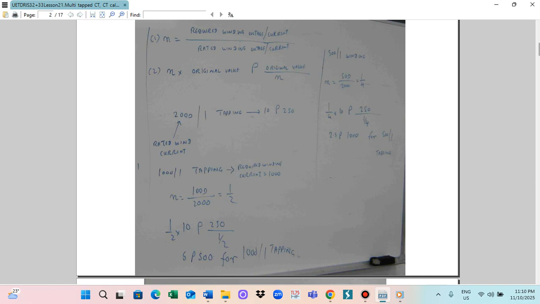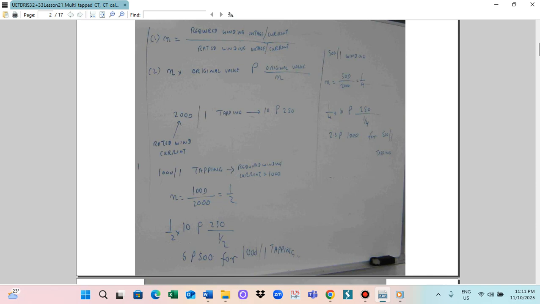For the 500/1 winding, we firstly calculate N. N is required winding voltage divided by rated winding voltage. So N is the required winding 500 divided by the rated winding 2000, so it is a quarter.